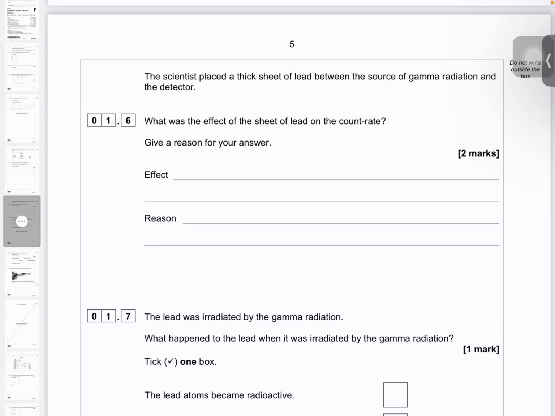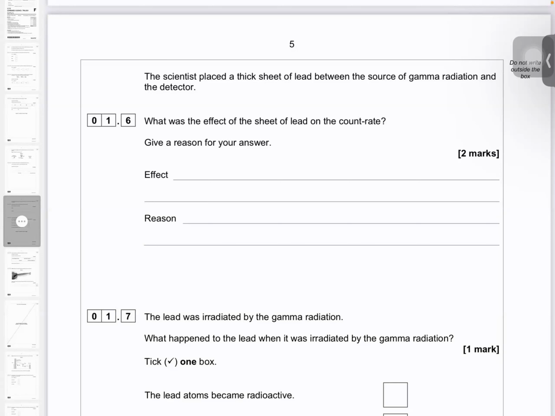So that lead is supposed to protect whoever is operating the machine from accidents caused by radiation. In other words, lead safely absorbs the gamma radiation, which could be harmful.